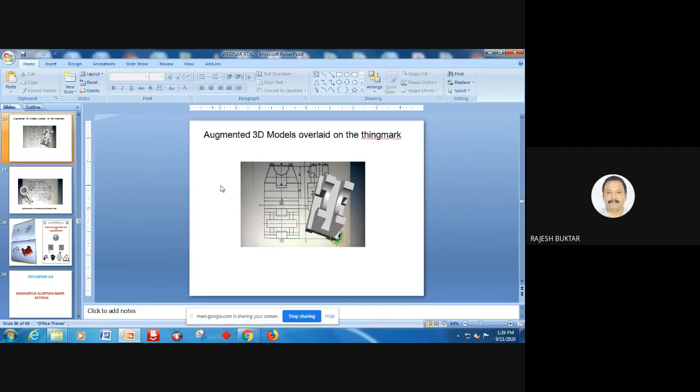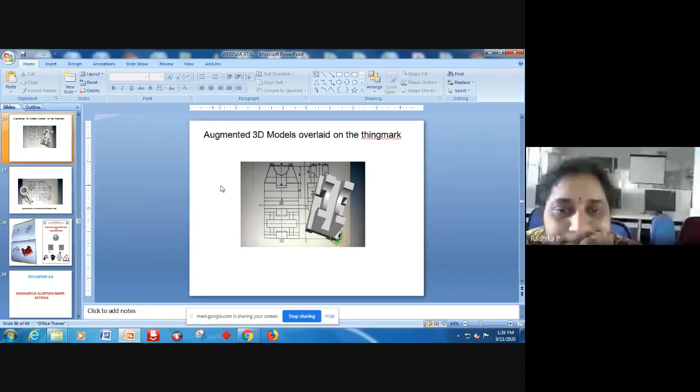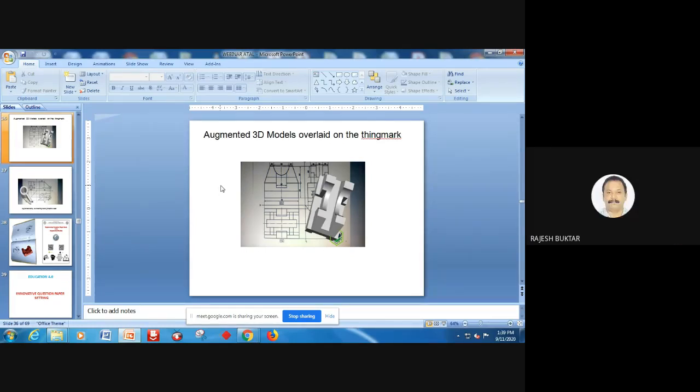You can touch the object, which was not possible once the 3D model is there in your computer with the pervasive technologies. You could not get this immersive experience. You cannot touch the model, but because of these hardwares, now you can touch and manipulate the models.